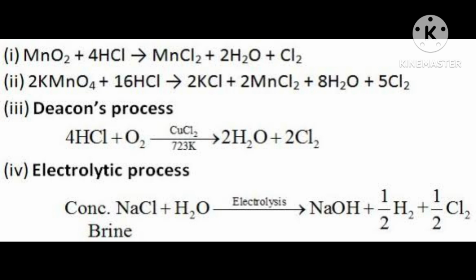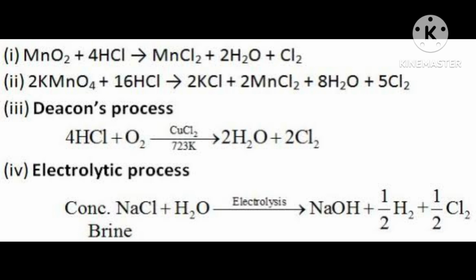Chlorine was discovered in 1774 by Scheele by the action of HCl on MnO2, manganese dioxide.